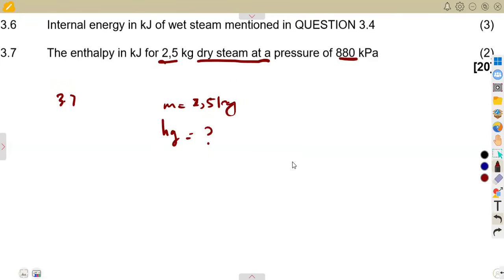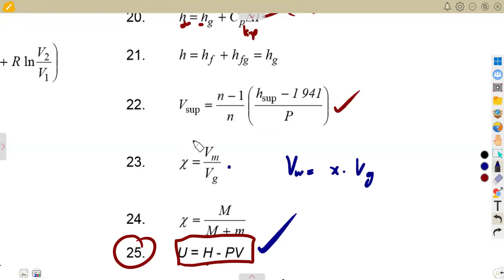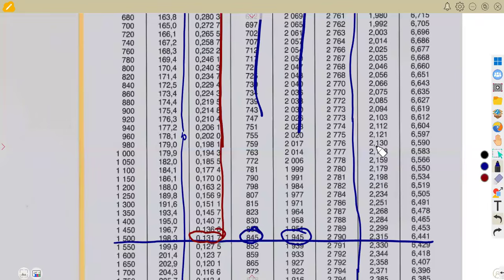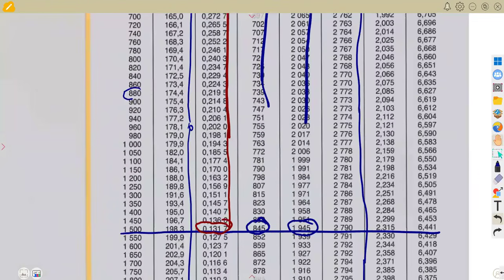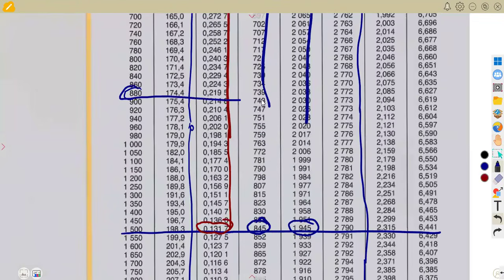At a pressure of 880, we can get this value. Yes, it's true that Hg can be calculated from HF plus HFG, a combination of the two. But it's there in the formula sheet, in your steam table. So let's look where there's 880. All right, 880 is there. We need the value of Hg there, around 880.